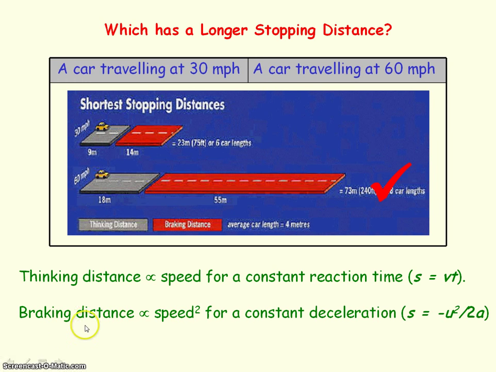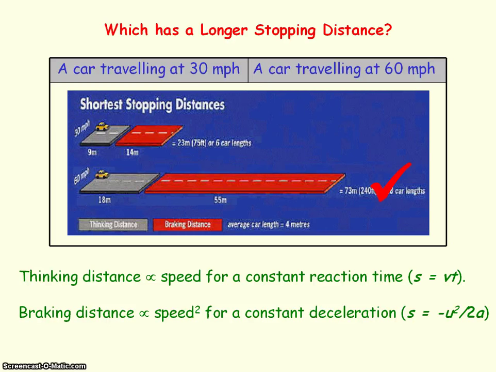Also, braking distance is directly proportional to speed squared, assuming that the deceleration of the car is constant, and that comes from the equation v squared equals u squared plus 2as. v, which is the final velocity, will equal 0.